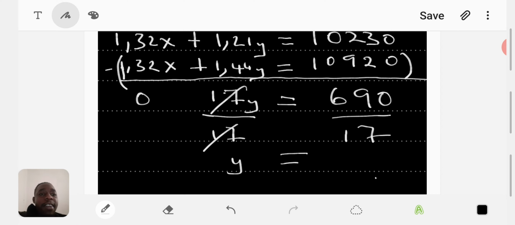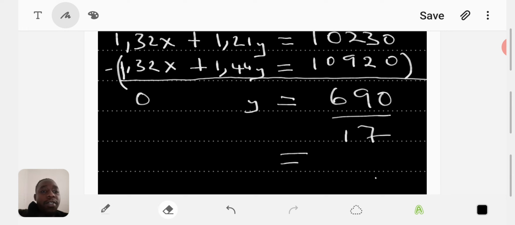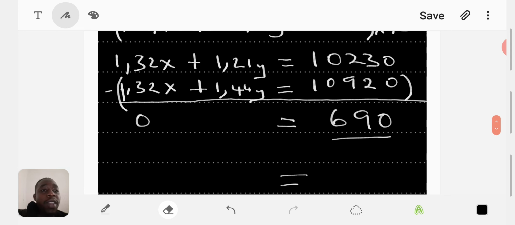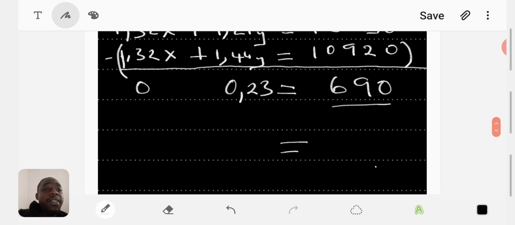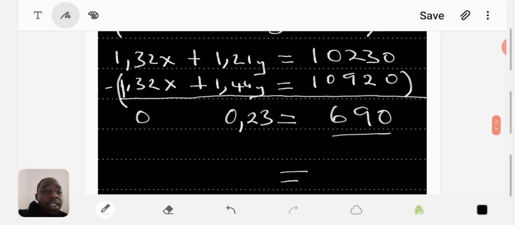Okay, sorry guys. Here it's not supposed to be that. If we subtract the two here, it's 0.23 instead of 0.17.